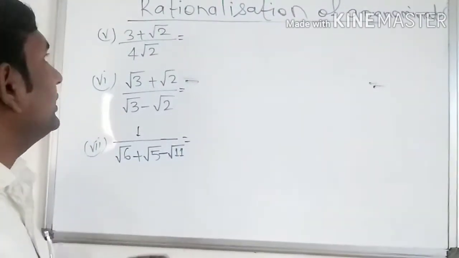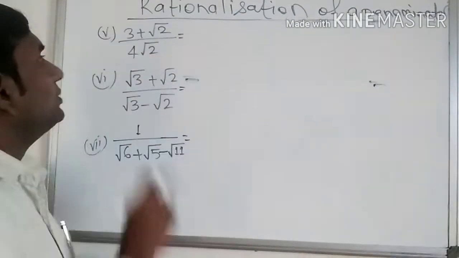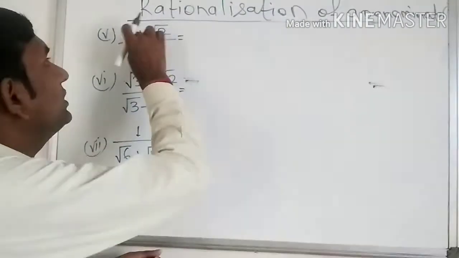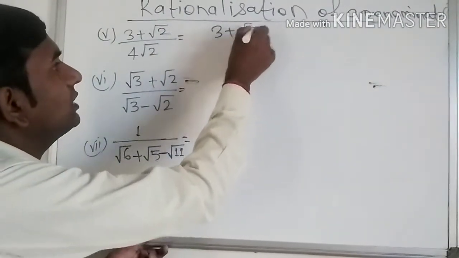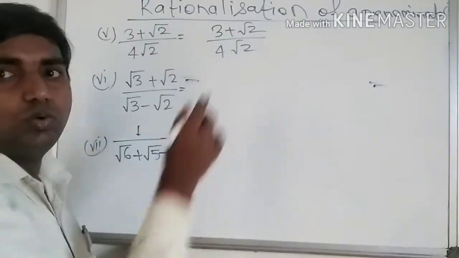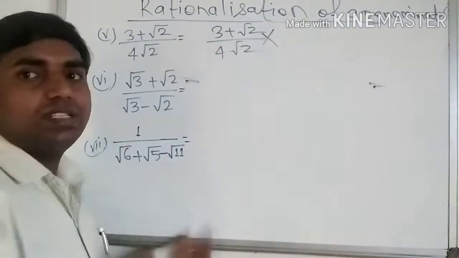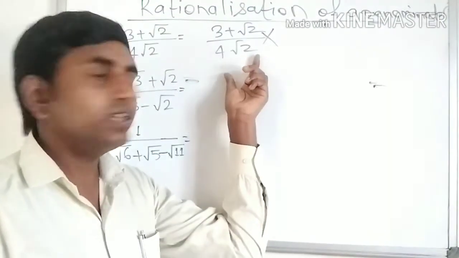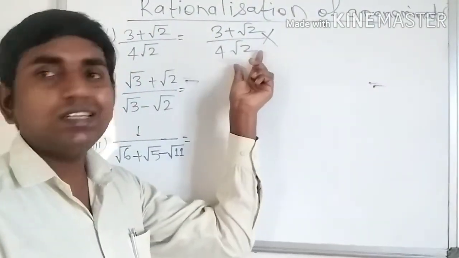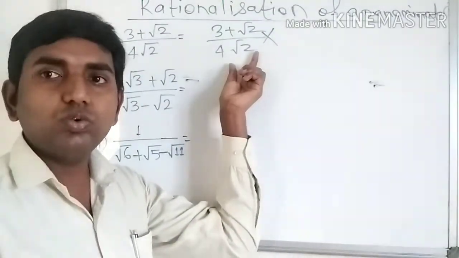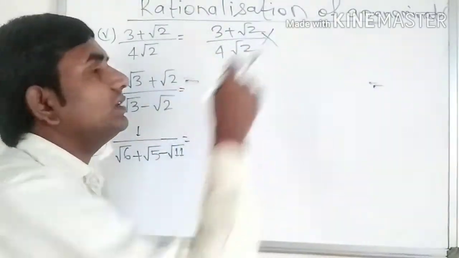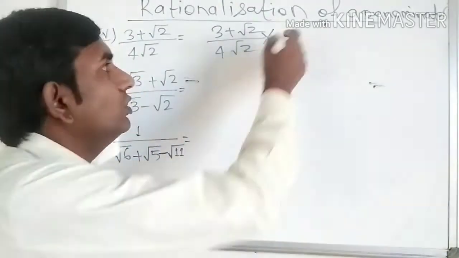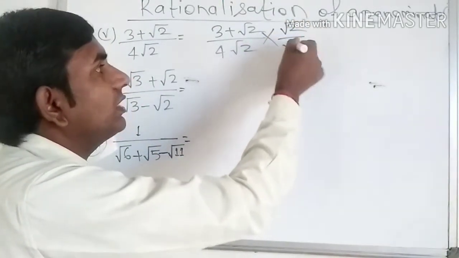Now in question number 5, the question given is 3 plus root 2 by 4 root 2. We want to rationalize it. Here we find 4 is given as a coefficient, in the form of a product, and here is only root 2. So we have to multiply by only root 2, root 2 by root 2.